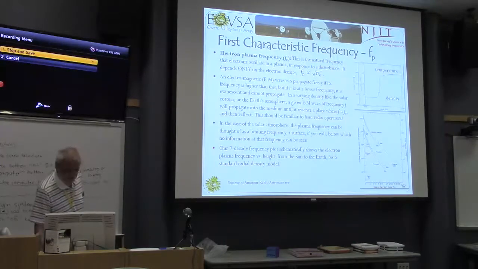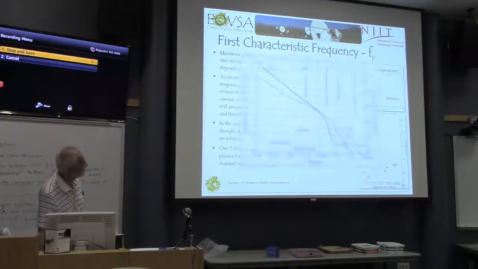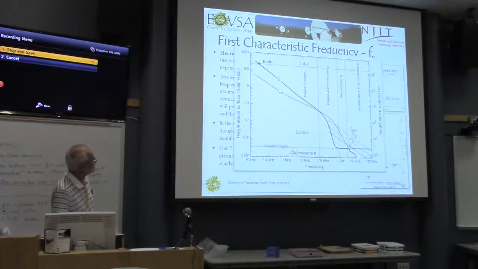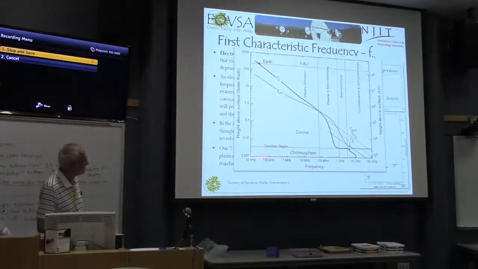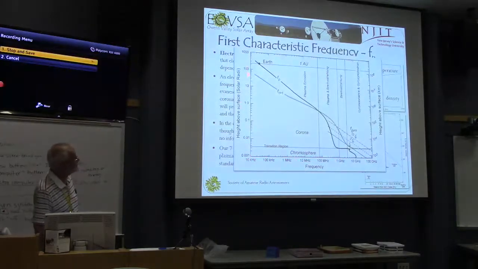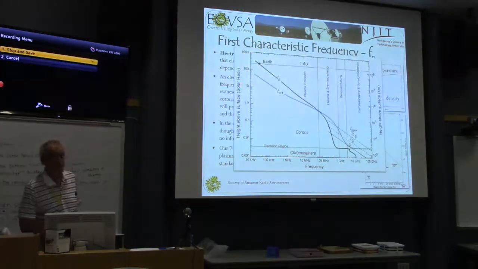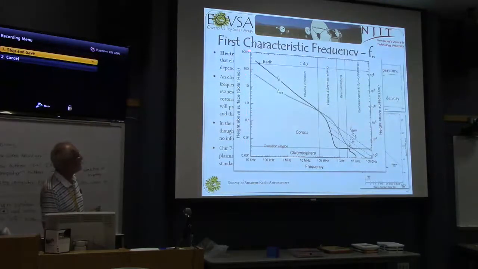So let's take a look at this diagram. And this dark line here is the plasma frequency. So you start out here, plasma frequency in the chromosphere. This is frequency going this way, 7 decades of it. And this is height above the surface of the sun in units of solar radius.